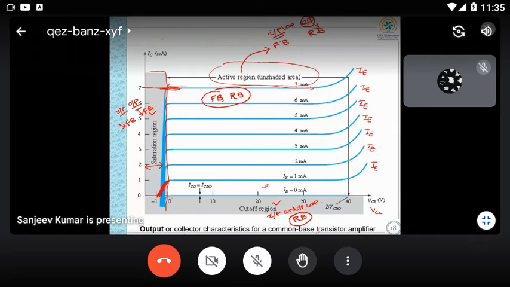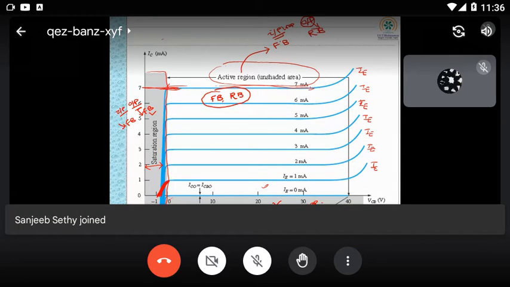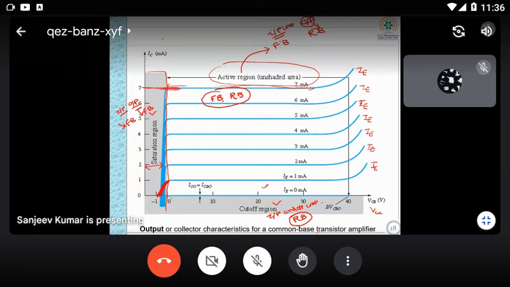So once again I'm repeating, this is the behavior of your common base transistor when you are biasing. You can take any combination, and if you plot the behavior, you will get this type of feature. In the lab, one experiment you will do is not the common base configuration but the common emitter configuration.